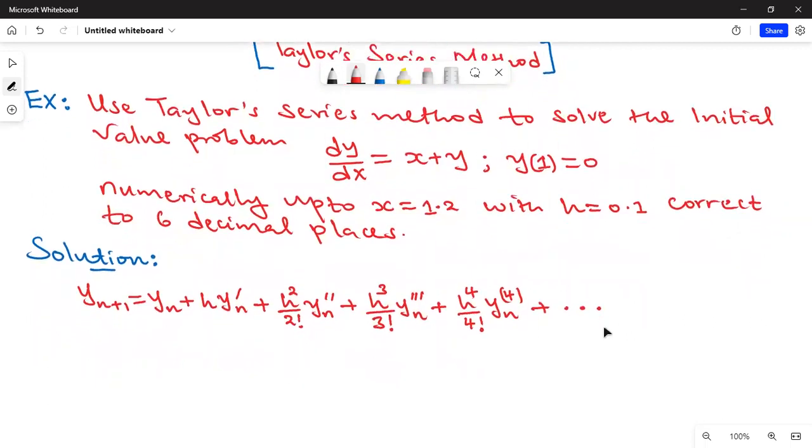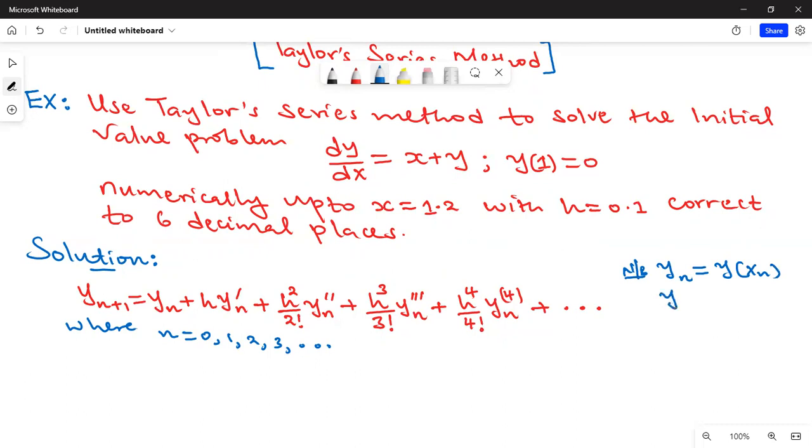It is based on Taylor series expansion of y(x_{n+1}) about x_n, so that we get this formula. Now, n = 0, 1, 2, 3, etc. I want us to take note that when I write y_n, it is the same as y(x_n).